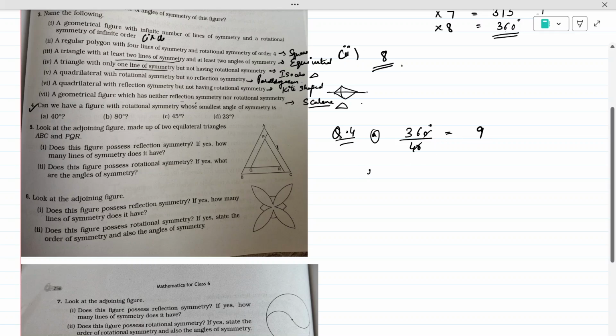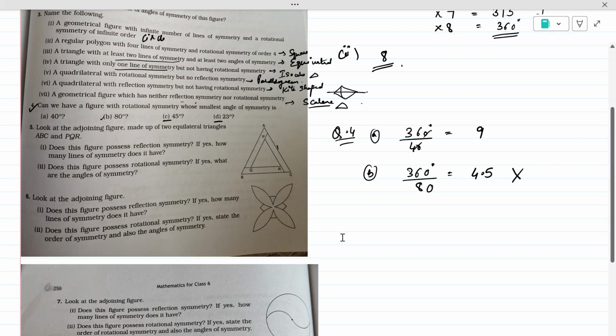For B, we have to divide 360 degree with 80 degree. So when you divide this, what we will get here is 4.5. So here we have 4.5, which is not a whole number, so it is not possible with this. Similarly, kids, you can identify for C and D also. This is very easy.